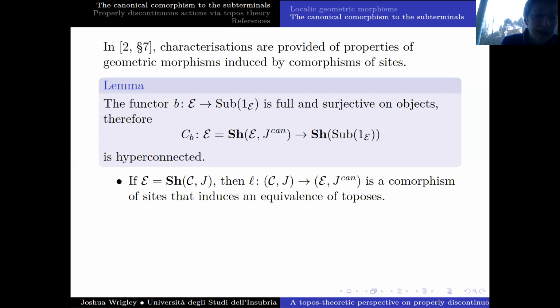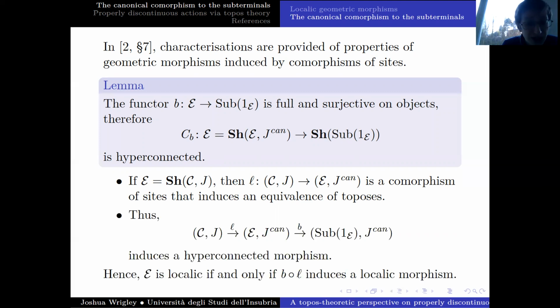Now I'm going to make it entirely site theoretic. I'm going to remove reference to E. If we've got a site for our topos E, then the canonical morphism, that is the Yoneda embedding into the presheaf topos followed by sheafification, is a comorphism of sites that induces an equivalence of toposes.